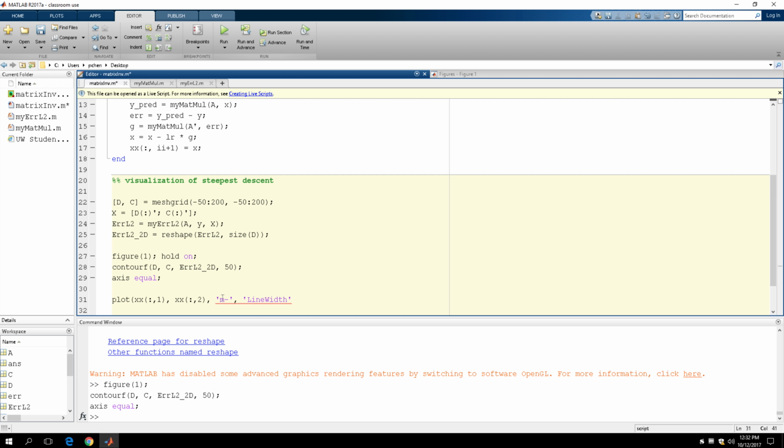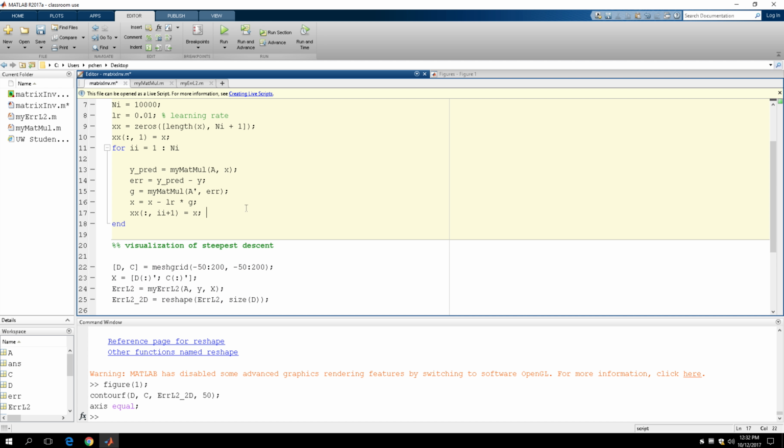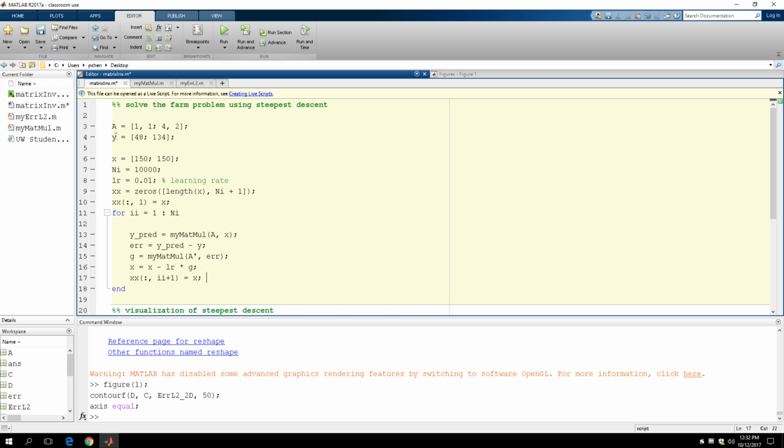Everything inside of this single quote is a string, and this kind of string is an option to the plot function. So line width is going to be 2. Let's give a line width of 2, right? And now let's rerun this piece of code. We need to rerun this particular cell in order to create the xx.